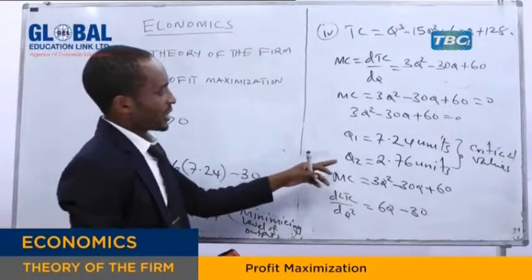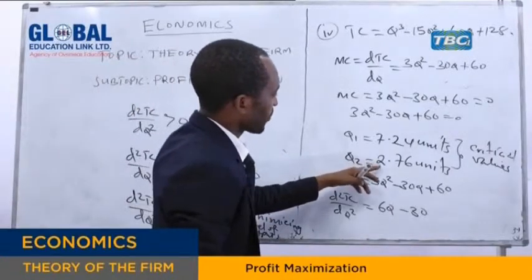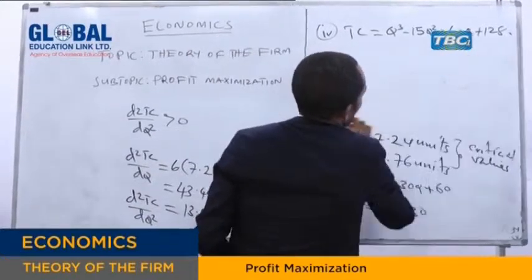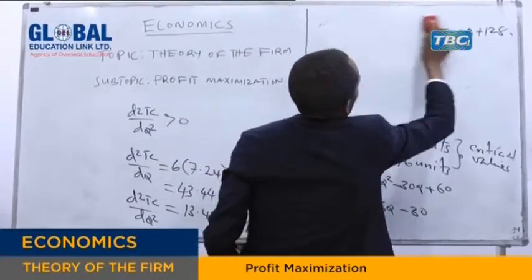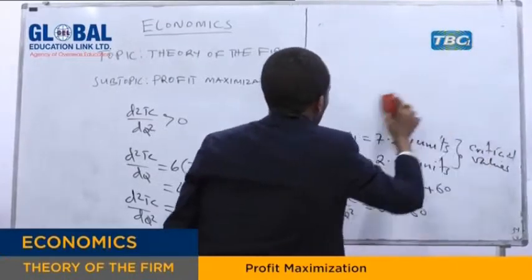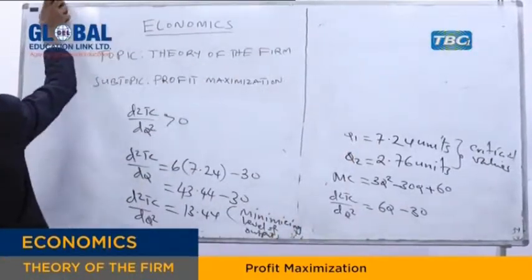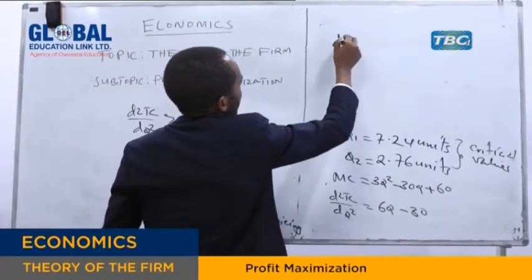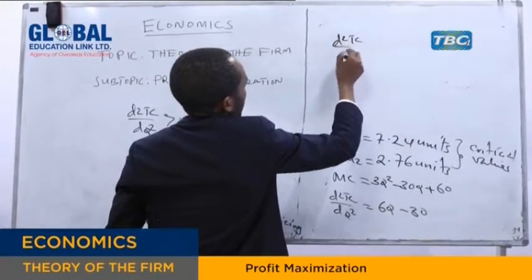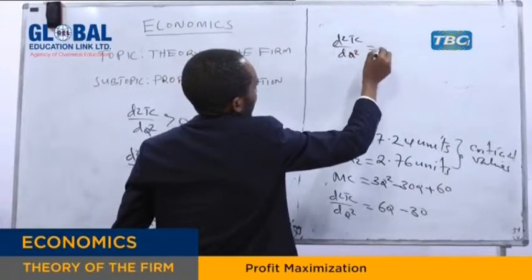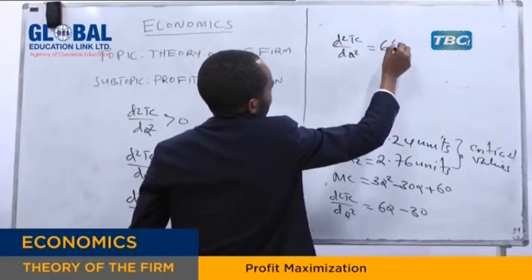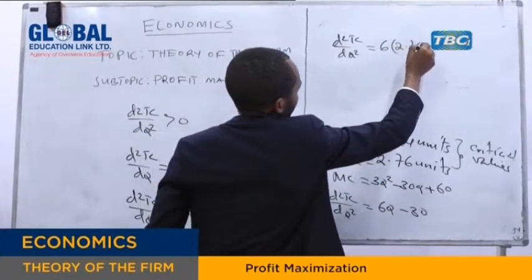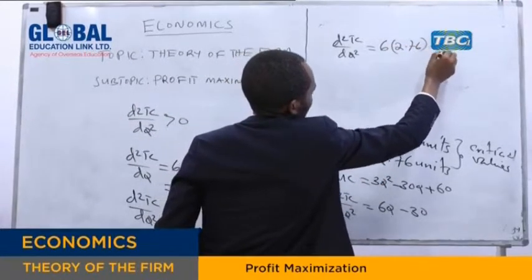When we substitute 2.76 into d square TC over dQ square, this will be 6 times 2.76 minus 30.